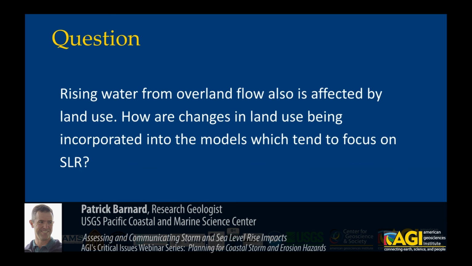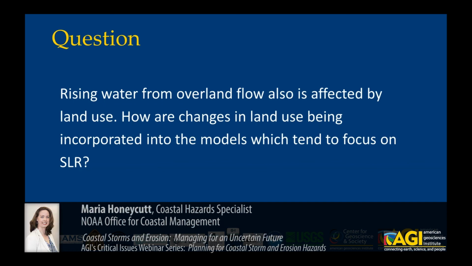And in San Francisco Bay, there's considerable effort to look at changing and restoring tidal marshes and how that's going to affect future flooding. But I'm not aware of any models that incorporate so robustly those potential changes in land use into their flooding projections. I would add, this is one of these areas where I see the community needing to go.